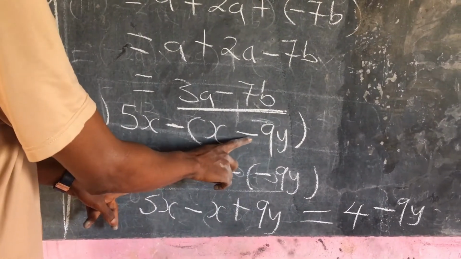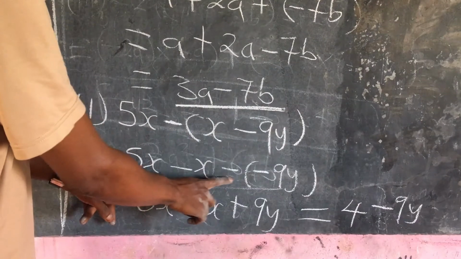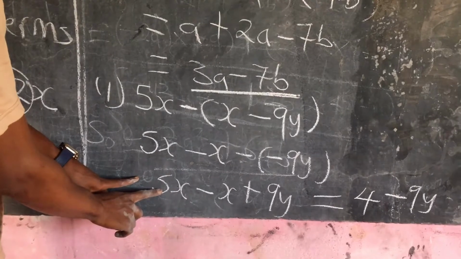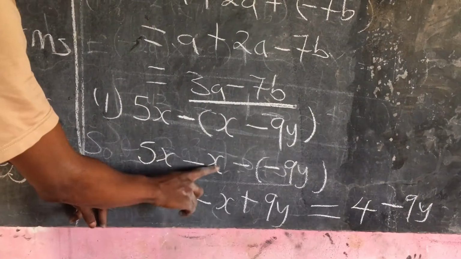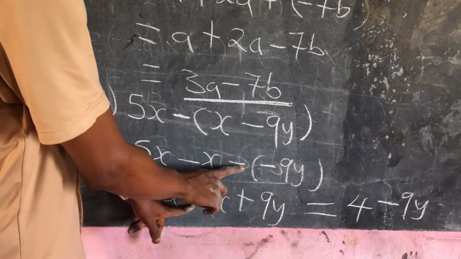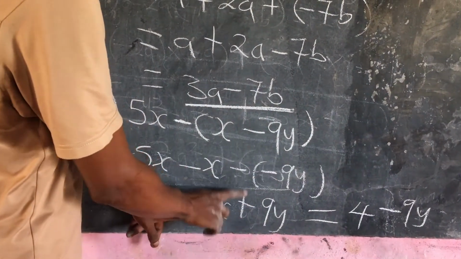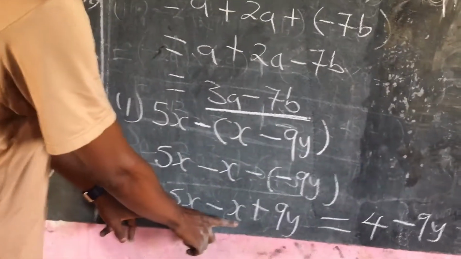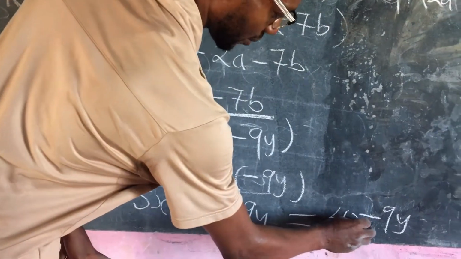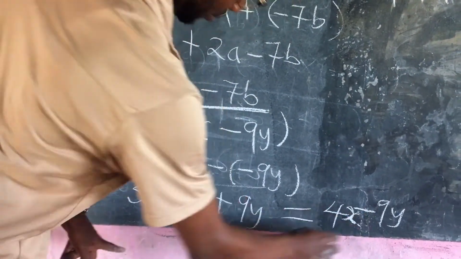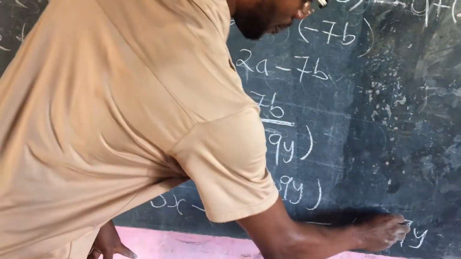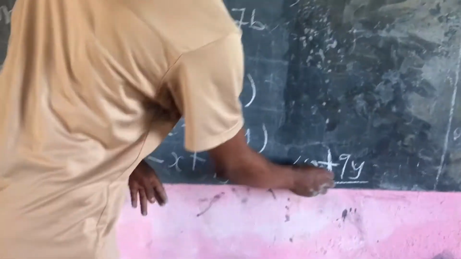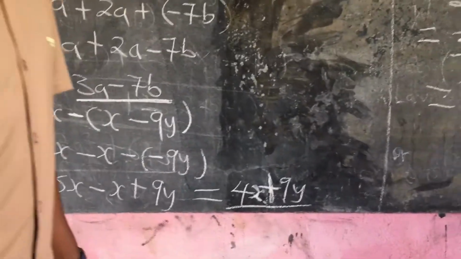Minus times minus 9y gives plus 9y. So 5x minus x will give me 4x, and then plus 9y. So my last answer will be 4x plus 9y.